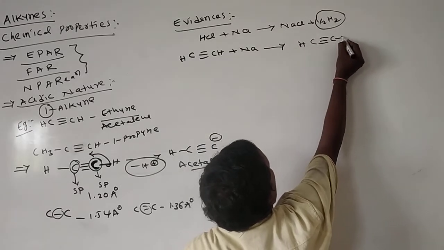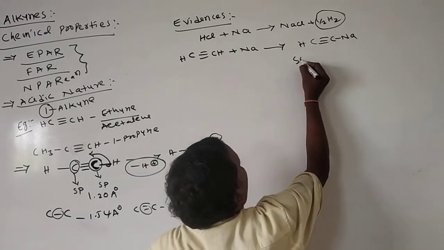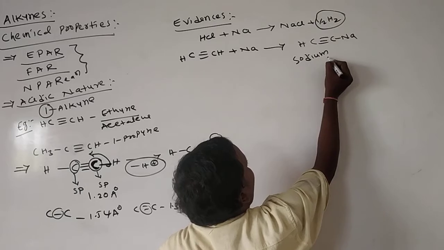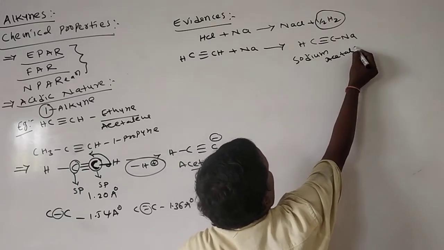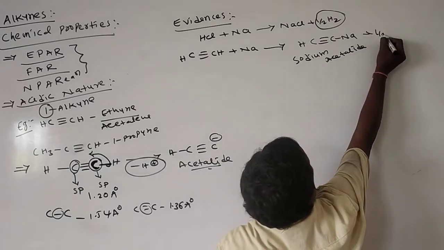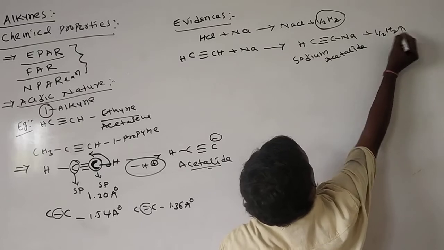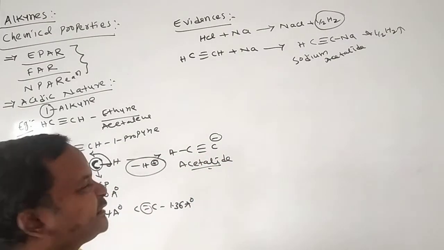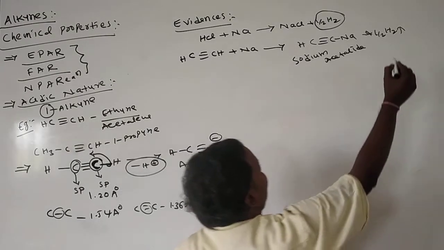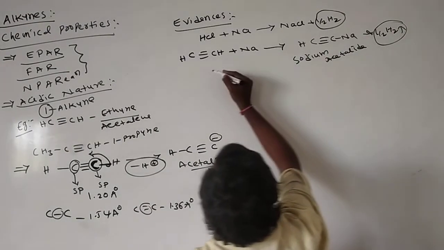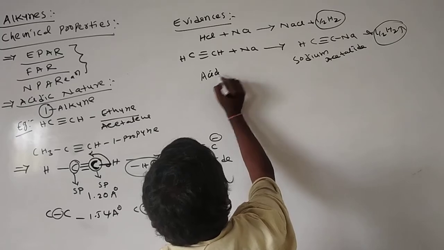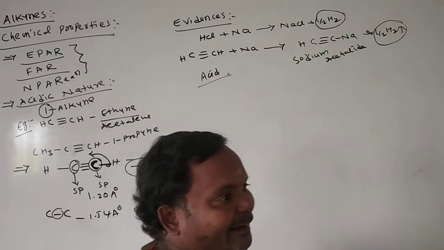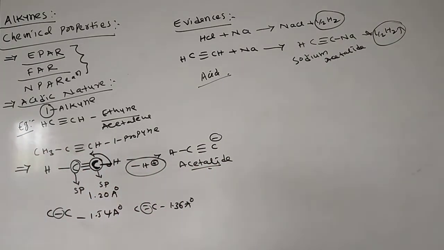CH triple bond CNa, this is sodium acetylide, and it releases half mole of hydrogen gas. Here it releases hydrogen gas, so it is considered as an acid. This is the evidence for the explanation of the acidic nature of 1-alkynes.